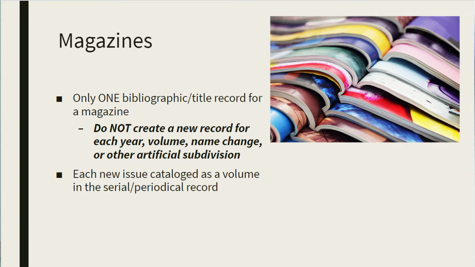This means that when your older copies need to be deaccessioned, or they've already been stolen, or whatever has happened with them, all you need to do is go into the catalog and delete that item and move on with life. The record stays there.